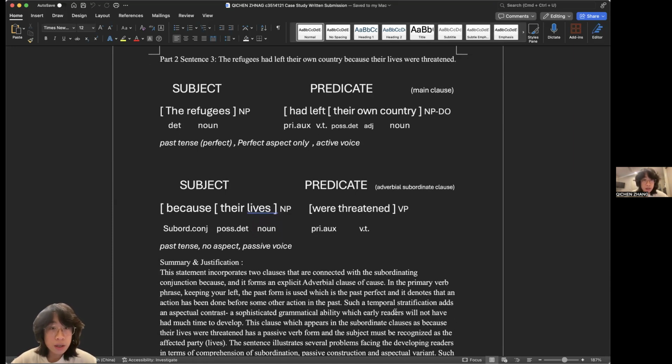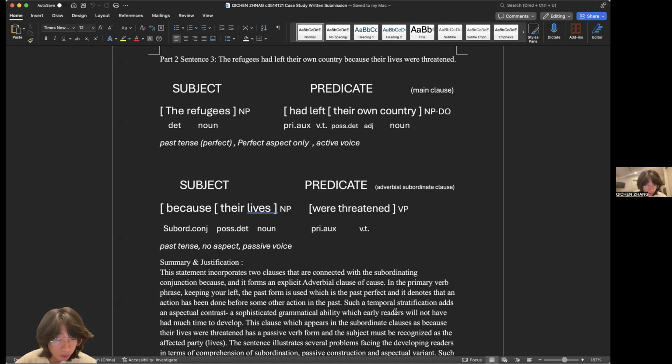Sentence 3 is The refugees had left their own country because their lives were threatened. This statement incorporates two clauses that are connected with the subordinating conjunction because, and it forms an explicit adverbial clause of cause.